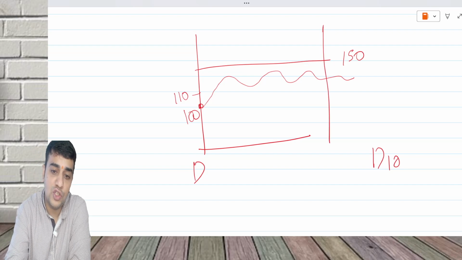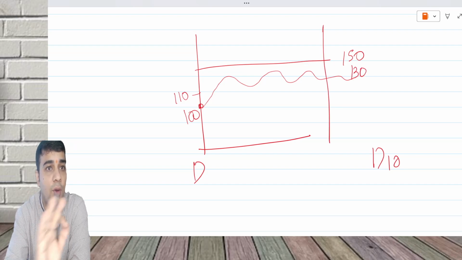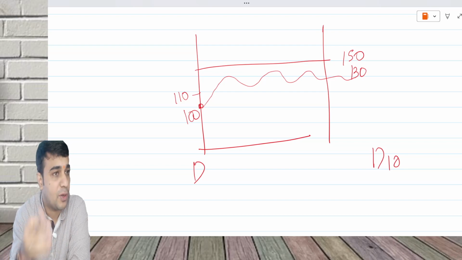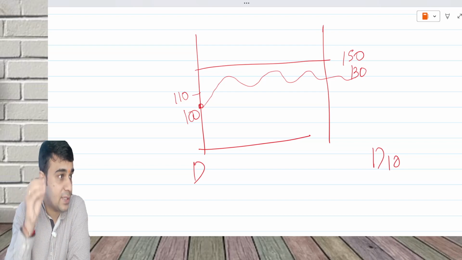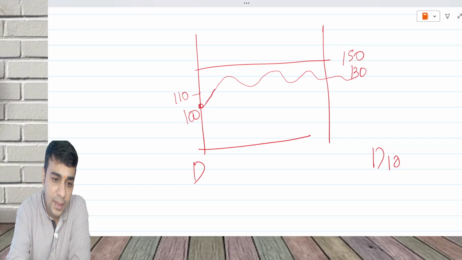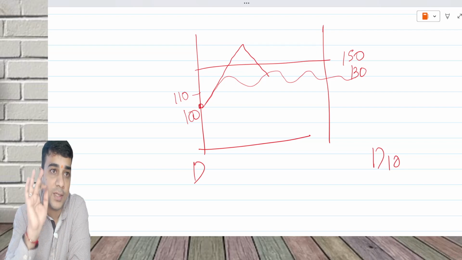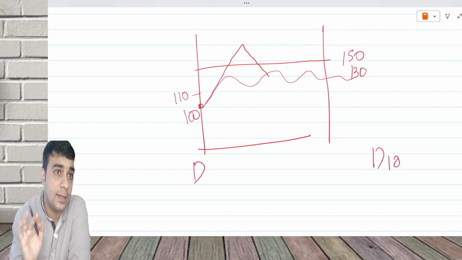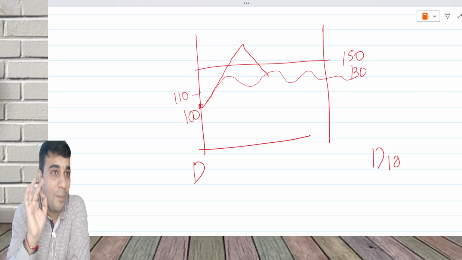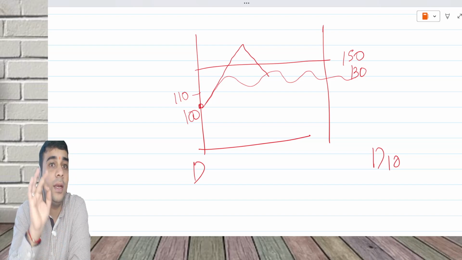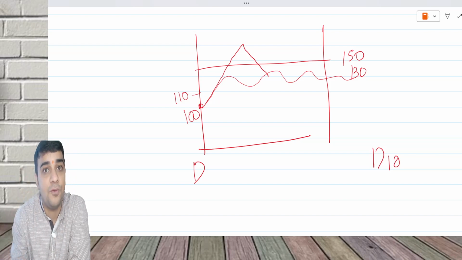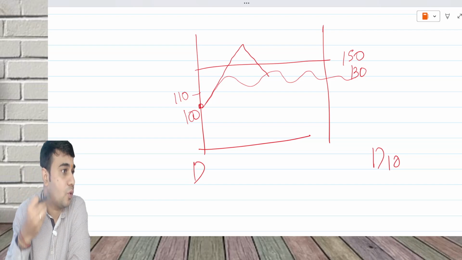So assuming on the maturity date it closes at 130, I'm not going to ask you, do you want to buy at 110 when the price is 130, because it is not even a live option. It has not touched the barrier. The moment it touches this barrier and it comes down, I have no problem, but it has to touch that limit which is set. The moment it has touched the limit, then only an option becomes a live option. Then you can check whether you want to exercise or not.